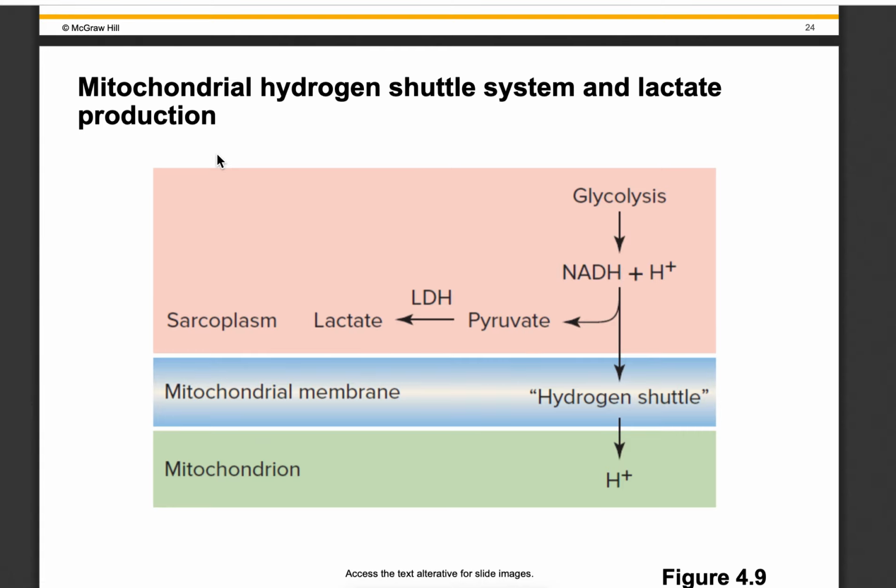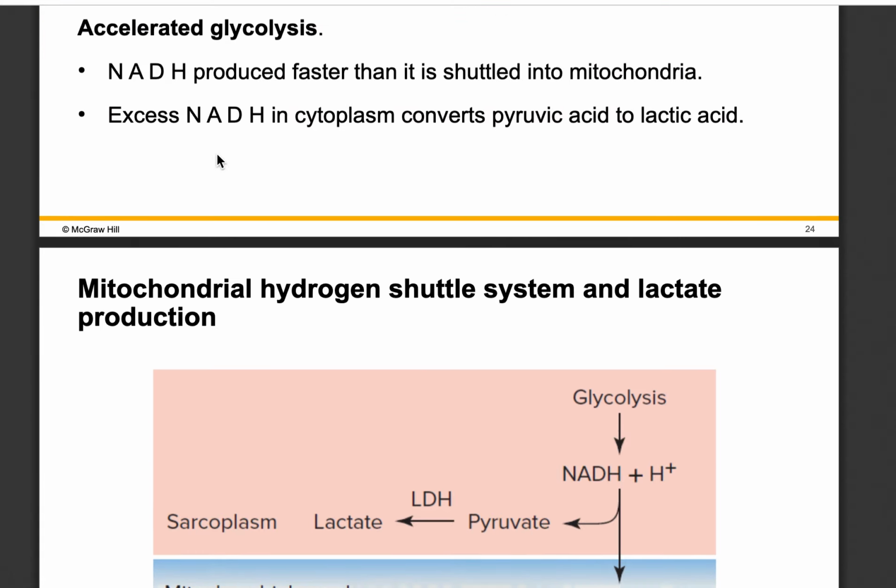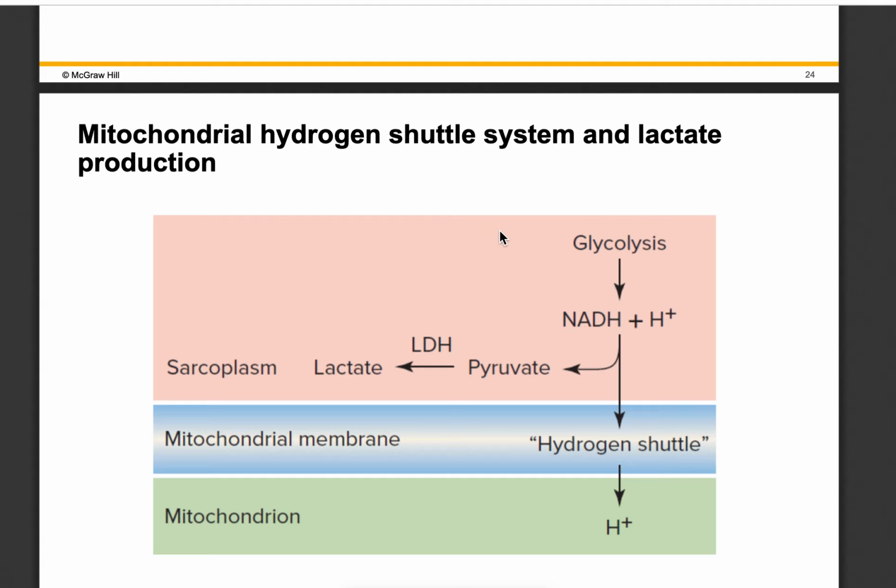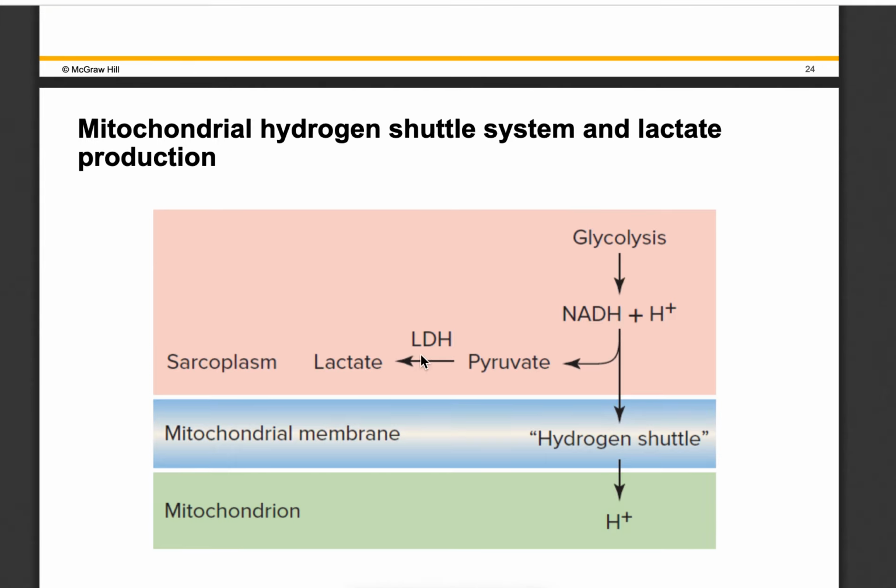Another thing is that sometimes, and that's that last point, what happens is you start producing more things like NADH through glycolysis, and those have to get brought into the mitochondria through a shuttle. And if that system kind of backs up a little bit and isn't able to transport them as much, that buildup of NADH will actually lead pyruvate to coming into lactate.